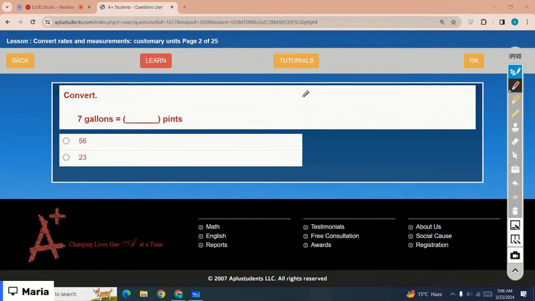Whenever you go from bigger units to smaller units, you have to multiply. Got it? So you have to multiply 7 times 8. 7 times 8 is 56. That means 7 gallons equal 56 pints. The correct option is 56 pints.